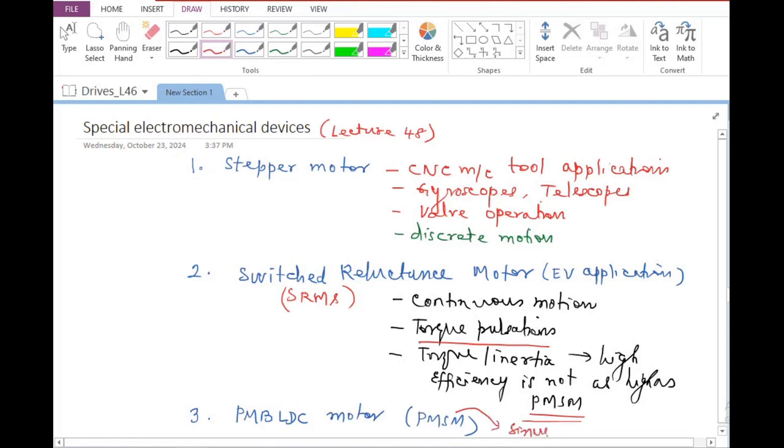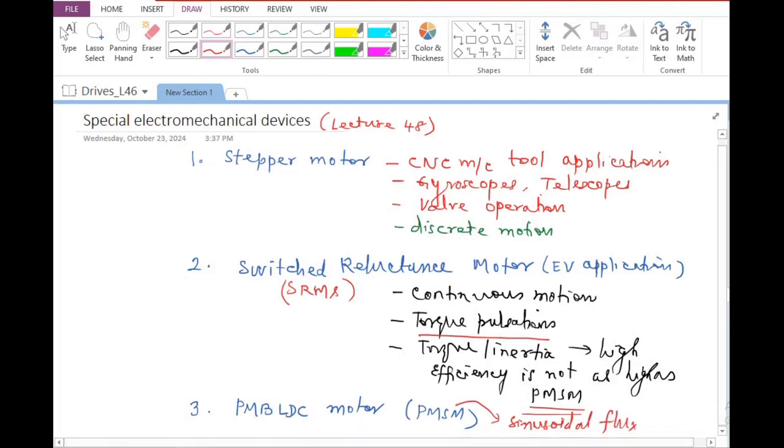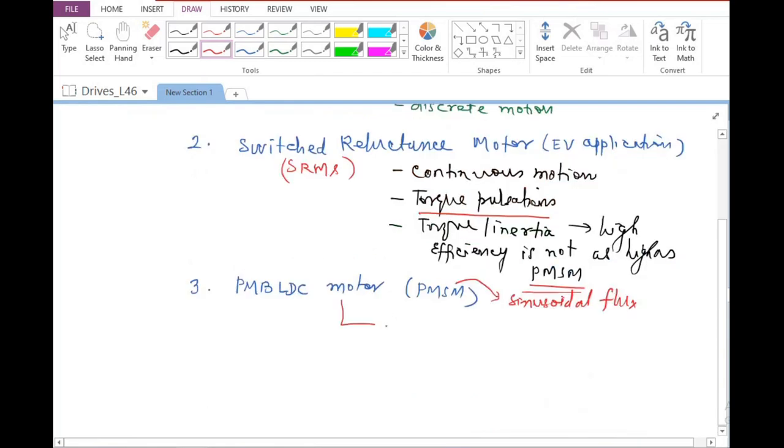The PMSM is generally a sinusoidal flux machine, whereas the PMBLDC motor is going to be a trapezoidal flux machine. We will talk about the trapezoidal flux machine particularly because we have already spoken about the sinusoidal flux machine when we were discussing synchronous motors until the last lecture.